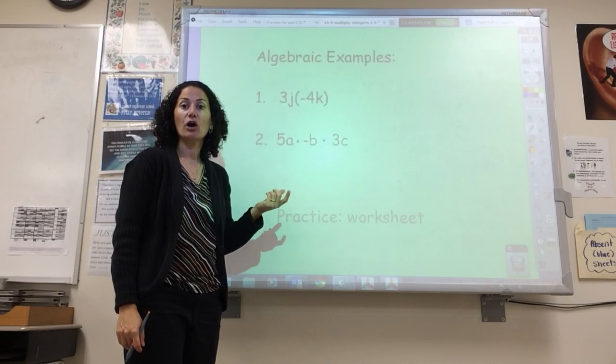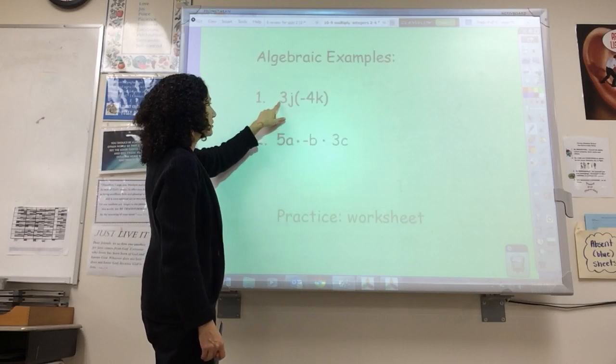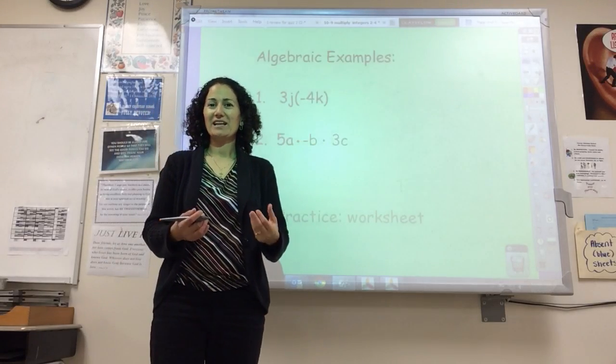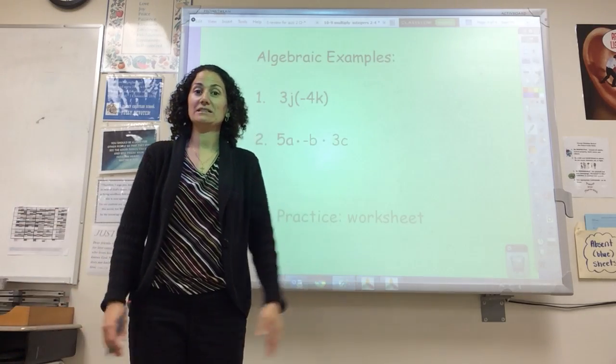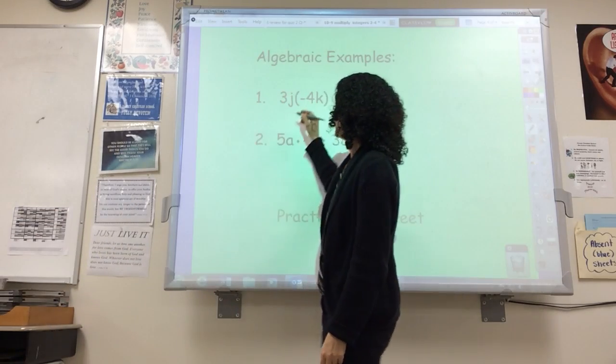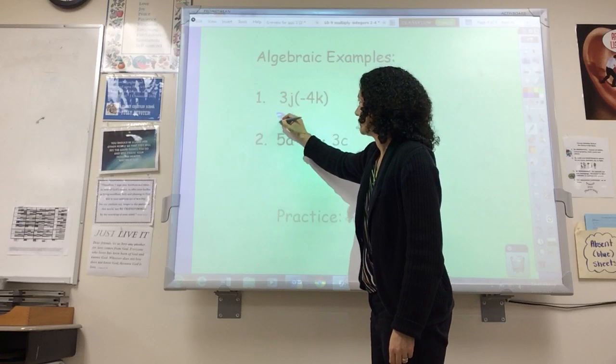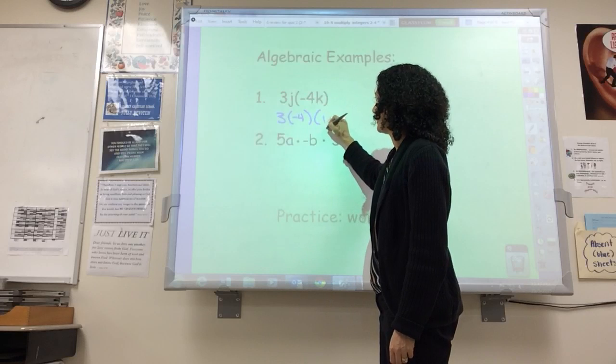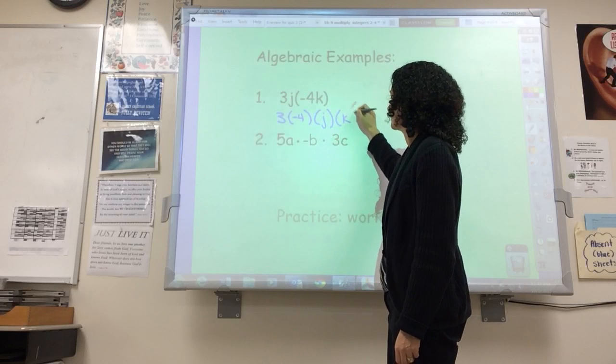Those are called coefficients. You can multiply the 3 and the negative 4 because, remember the commutative property? It says that we can multiply in any order and still get the same answer. So really, I could rewrite this as 3 times negative 4 and then worry about the j and the k.